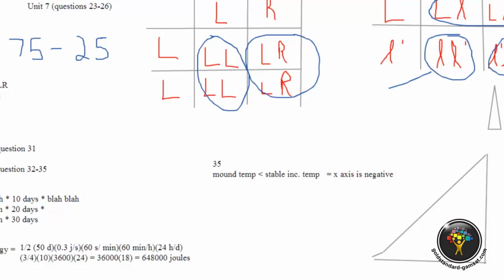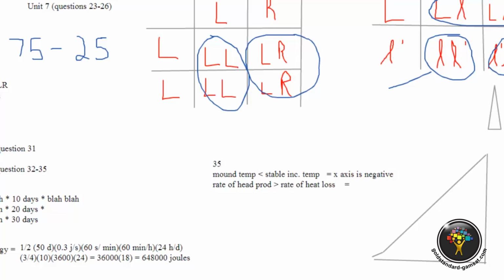So now let's look at the next part of the statement. The next part of the statement says the rate of heat production in the mound is faster than the rate of heat loss from the surface of the mound. So now let's interpret this part. The rate of heat production is greater than the rate of heat loss.